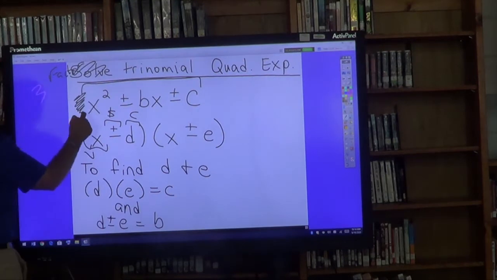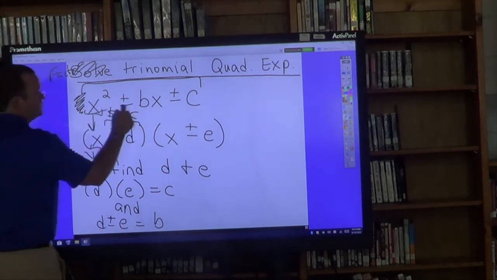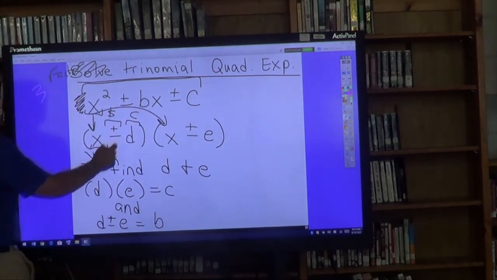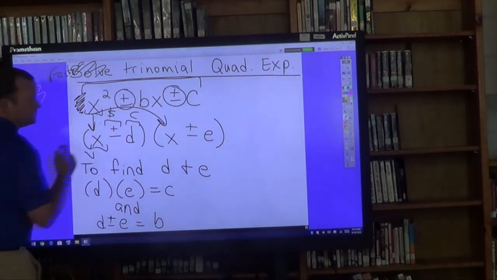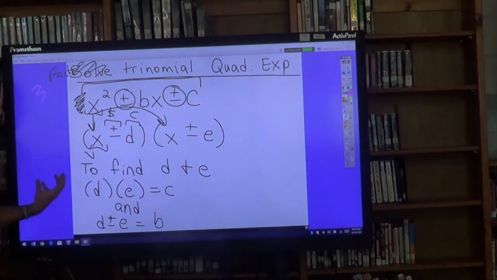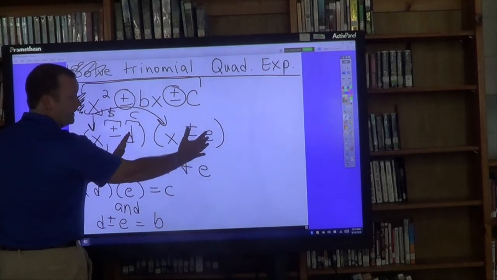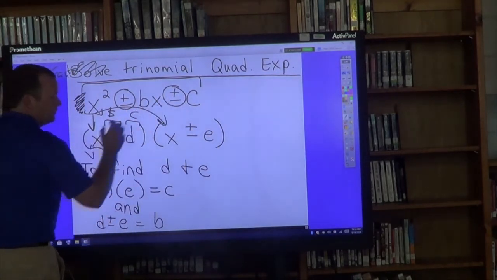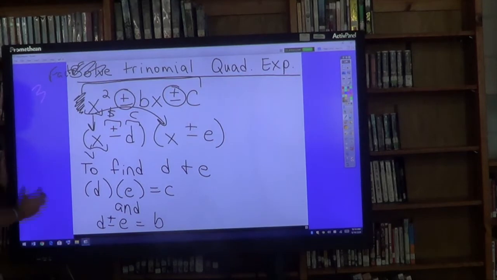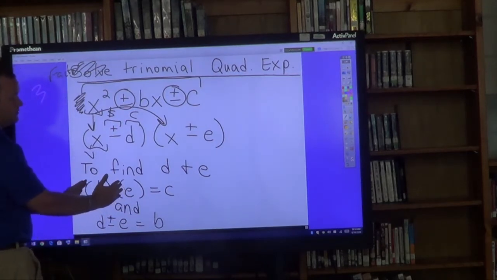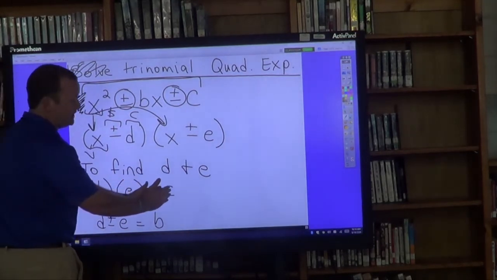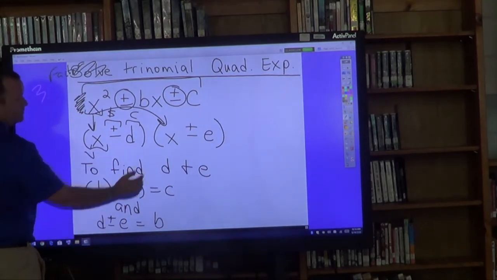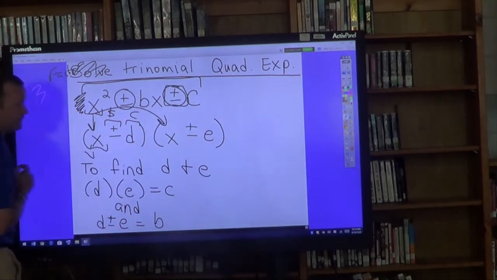You get your variable from your first term, you get your signs from your signs, and your constants, your D and your E, which I have labeled as constants here, you find from your constants. The way it works is you find two numbers that you can multiply together to get C, and either add or subtract, depending on what you're given, to equal B.